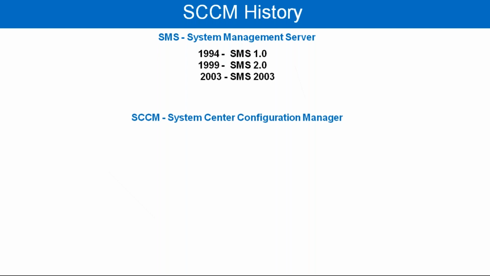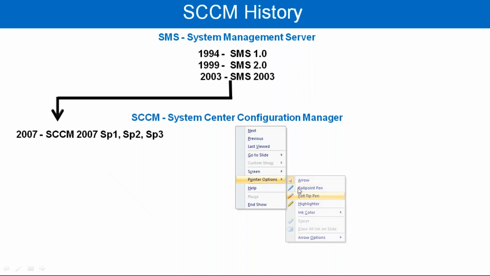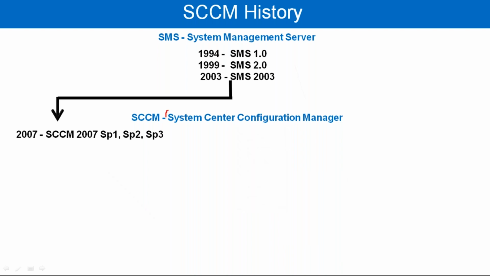So from 2007 onwards, Microsoft changed the name to System Center Config Manager. System Center is a family, and inside that family, you have Config Manager as a product. It is like a big umbrella, and inside that umbrella, you have Config Manager as one of your products.